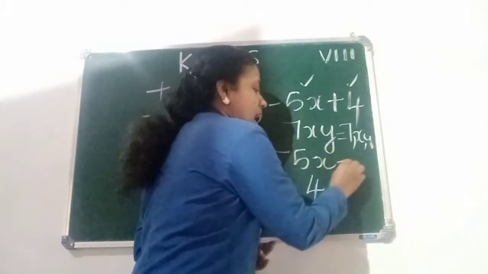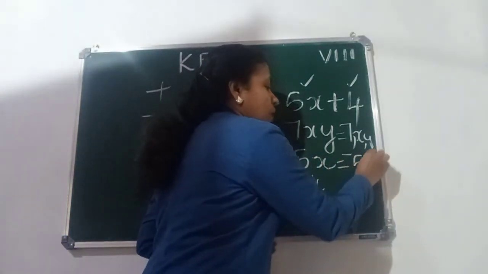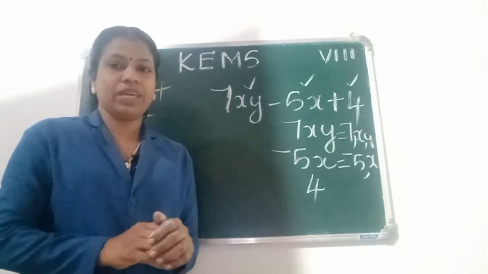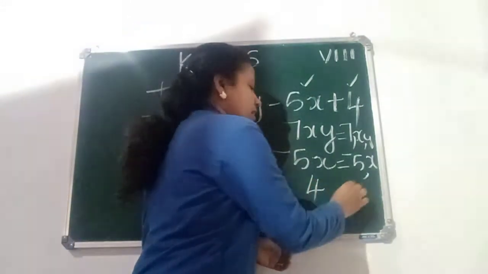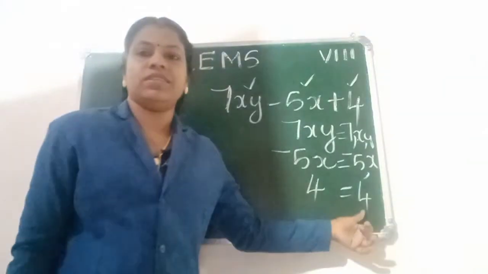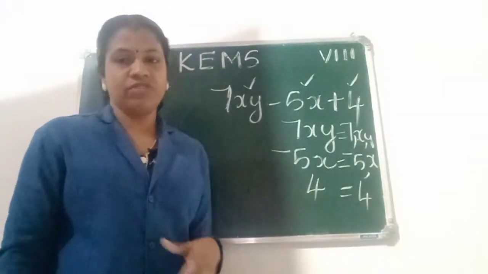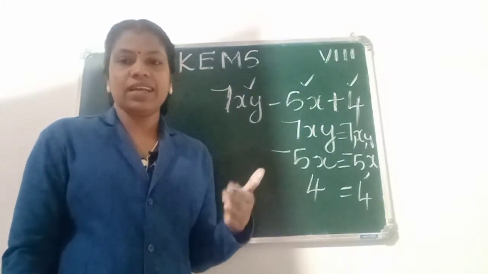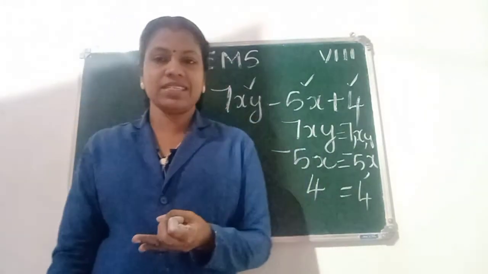The factors are minus 5 and x. Now the third term has only one constant, that is 4. So 4 is the factor. Now clear, terms and factors?